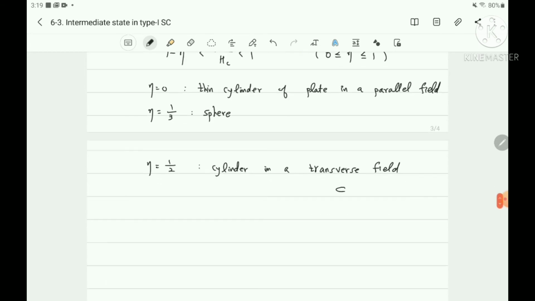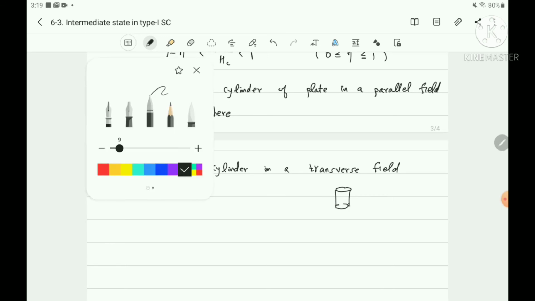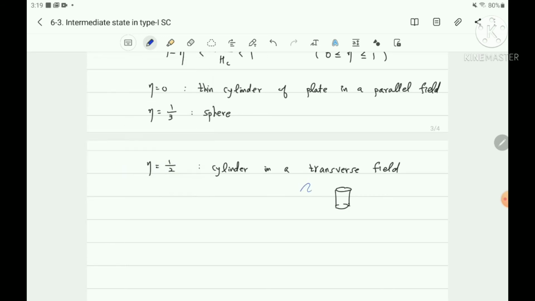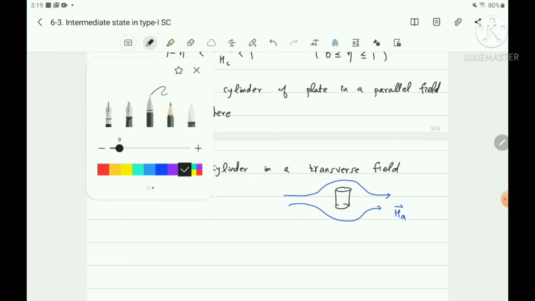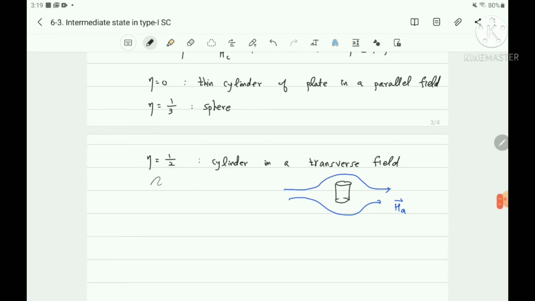It means that the superconducting sample is a cylinder, and the applied magnetic field is in this direction, like this. In this case, the demagnetization factor is 1/2, and eta equals 1 for an infinite slab, or a slab in a perpendicular field.